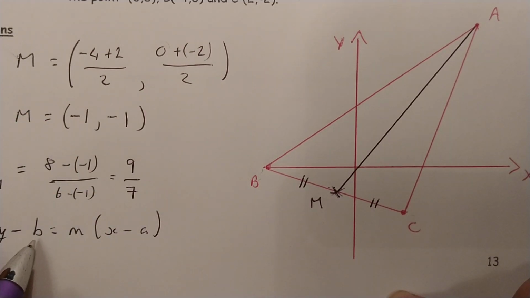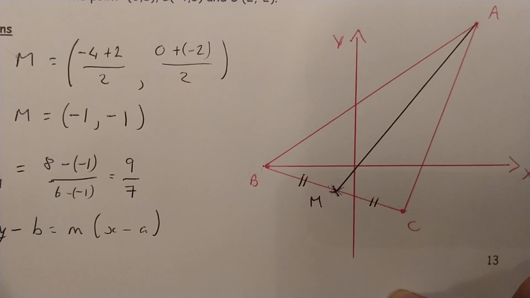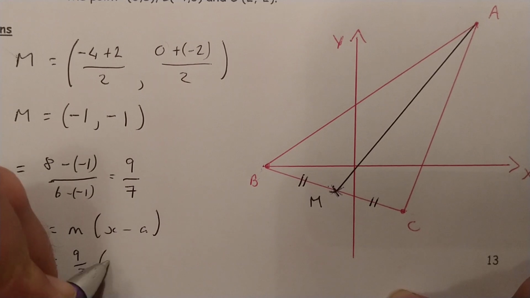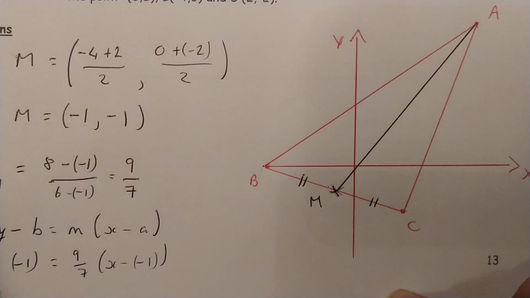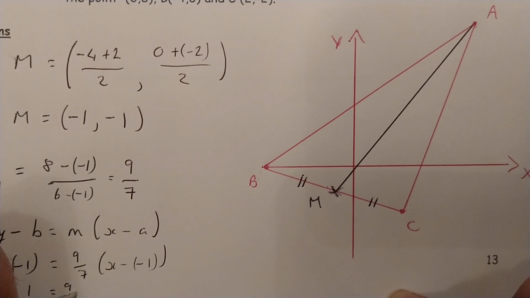Remember, y-coordinate with the y, x-coordinate with the x. I'm going to use the -1 and -1. So y take away negative 1 equals 9 over 7 bracket x take away negative 1, y plus 1 equals 9 over 7 bracket x plus 1.